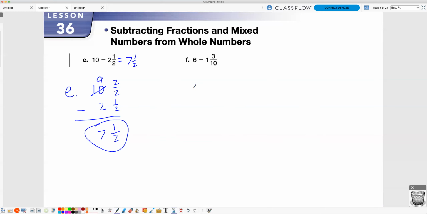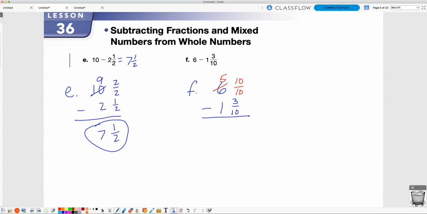To letter F. You should have started with 6 minus, and you have 1 as the whole number, and then 3/10 as the fraction portion of that mixed number. Now I need to rename or borrow from this. This would become 5 and 10/10, because 10 over 10 is what I need to choose because this denominator is a 10.